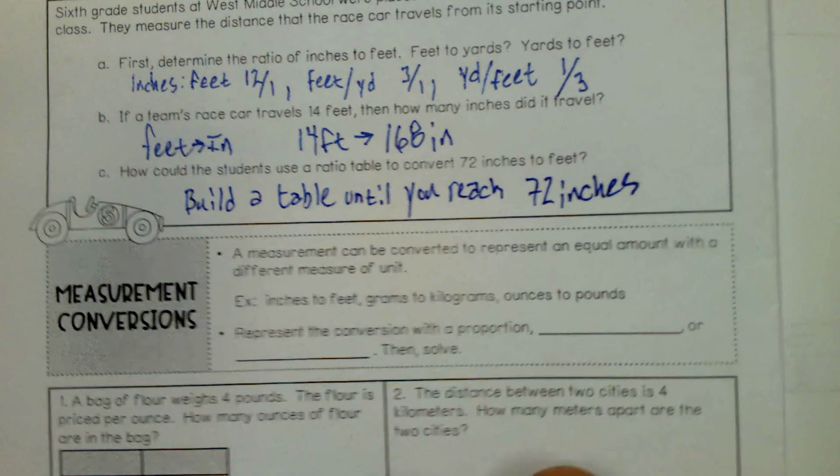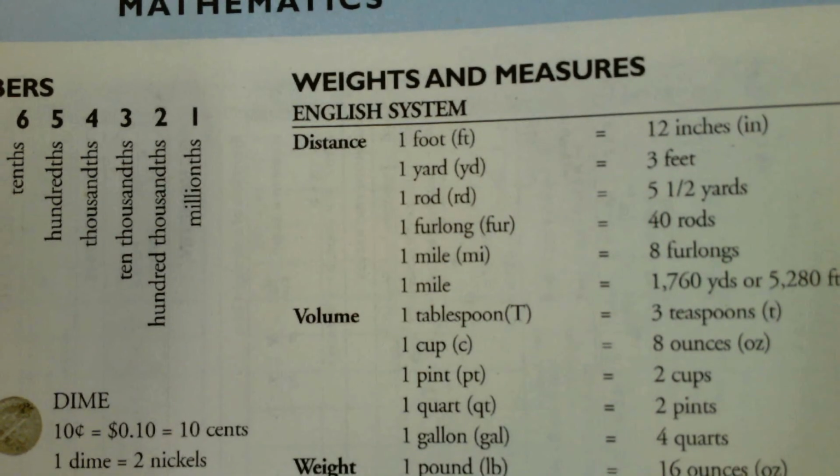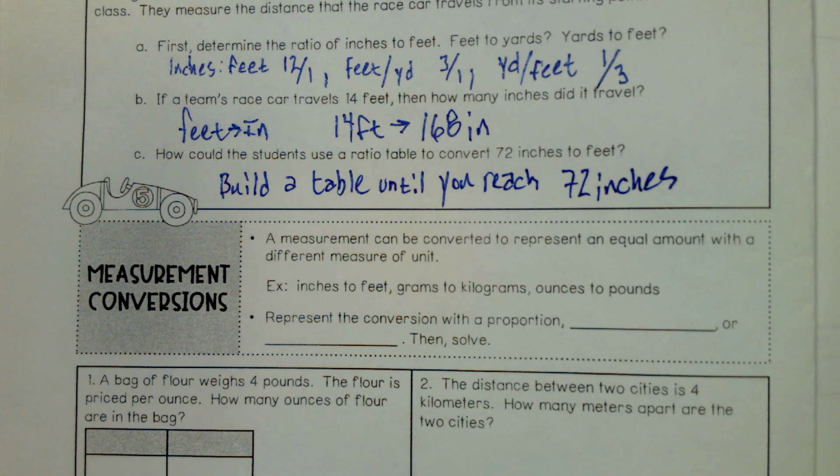So let's review. We're going to review measurement conversions. As I said before, you have certain notebooks, our student planner on page 125, and certain reference books, even the internet, and I think I even put one in your toolbox for the class.